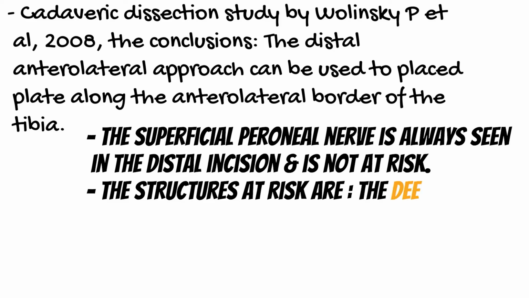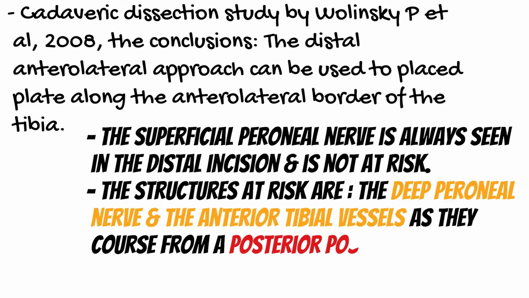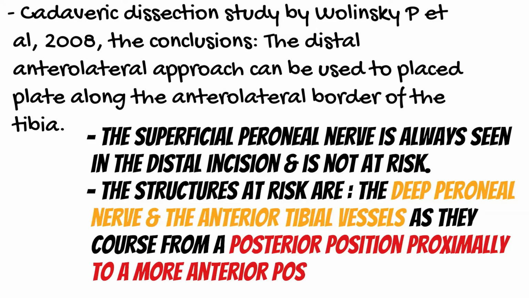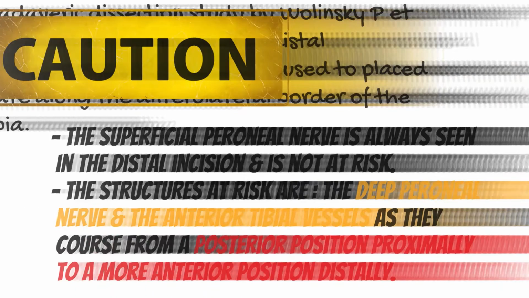The superficial peroneal nerve is always seen in the distal incision and is not at risk. The structures at risk are the deep peroneal nerve and the anterior tibial vessels as they cross from a posterior position proximally to a more anterior position distally.